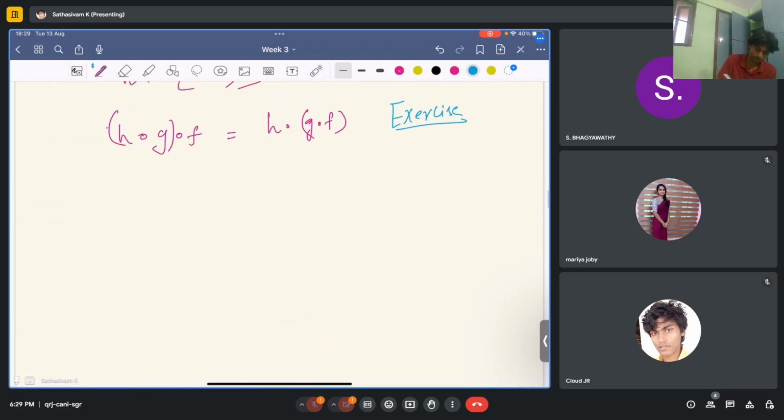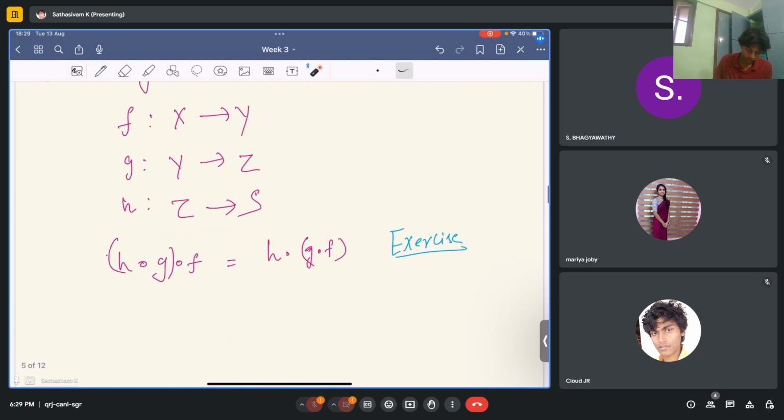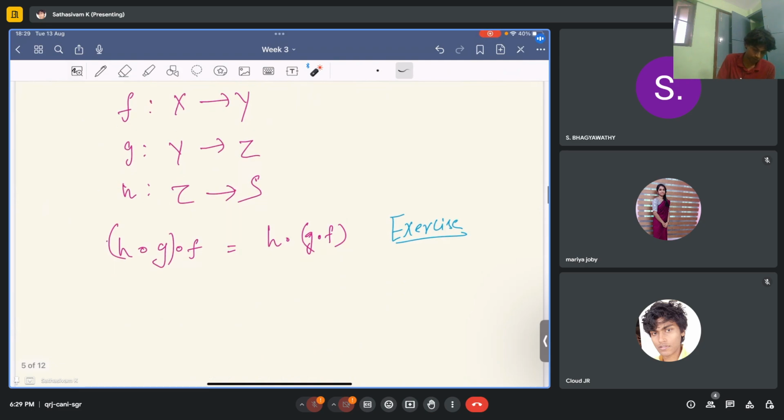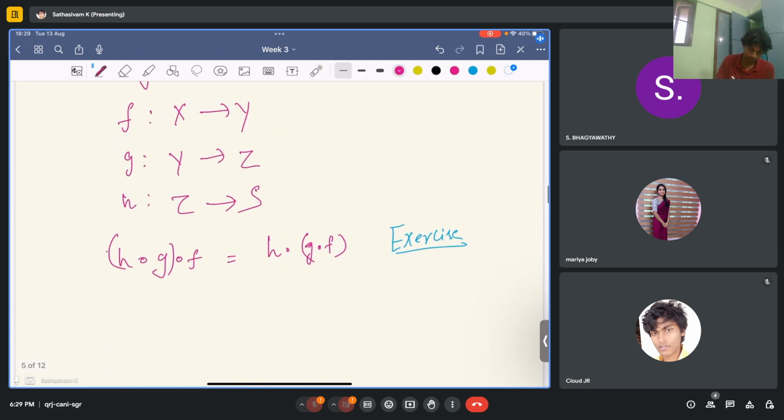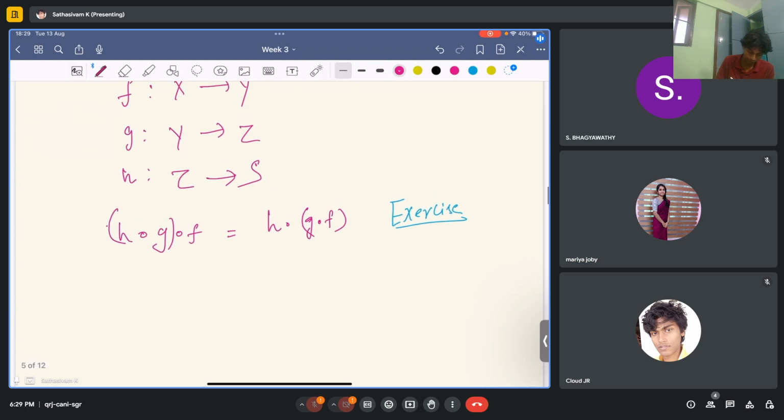What is identity? If you want, I will just prove it here, because I don't want to leave it. Let's look at this element: h compose g compose f. So f is a map from X to Y, and from Y to Z there is a map. This is f, this is g, this is h.